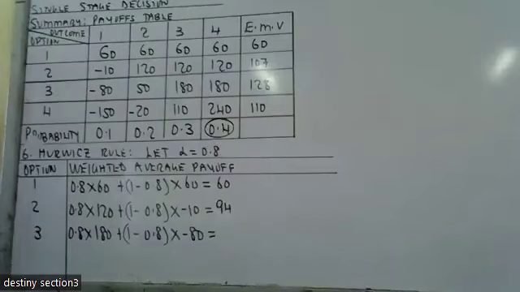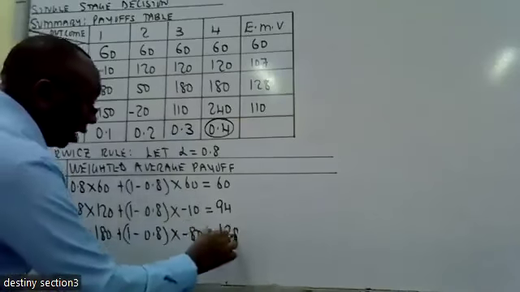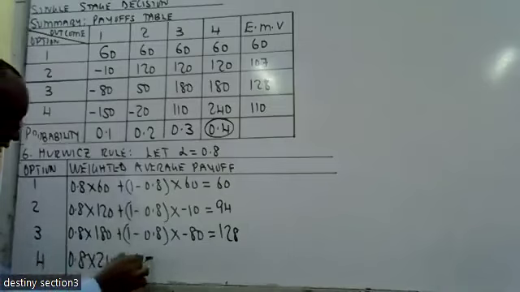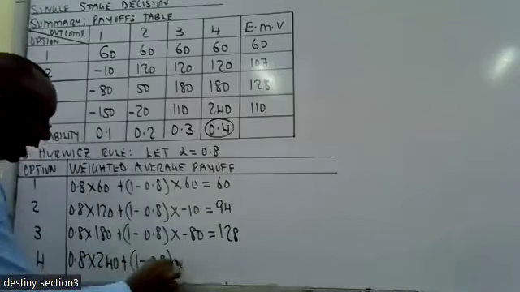That gives 128. The last one, number 4, is 0.8 times the best. Best is 240 plus 1 minus 0.8 times the worst.